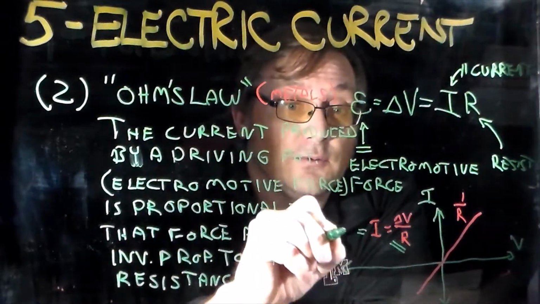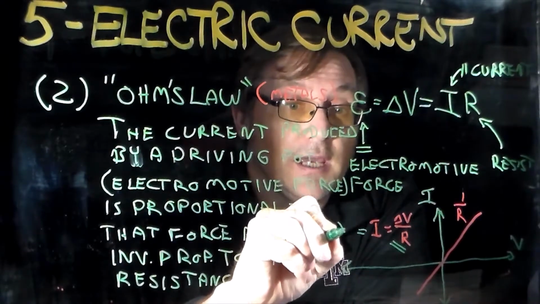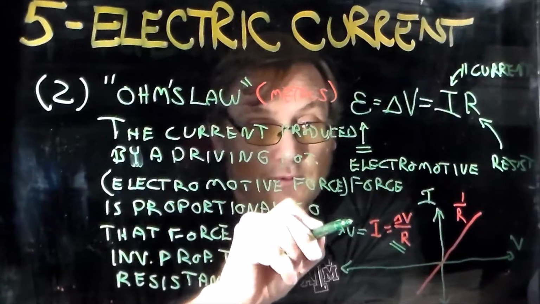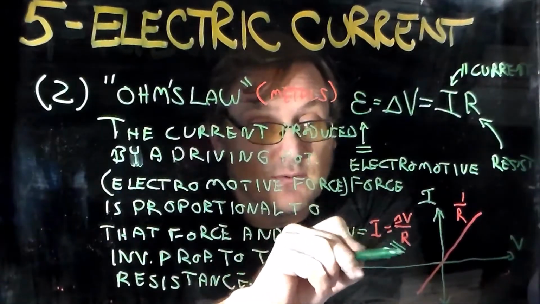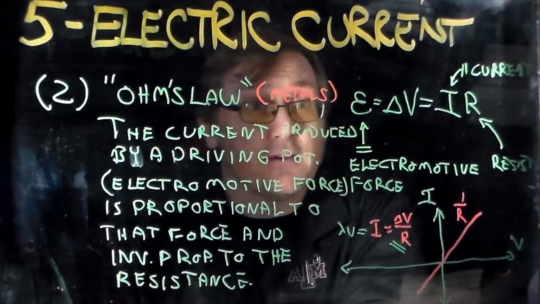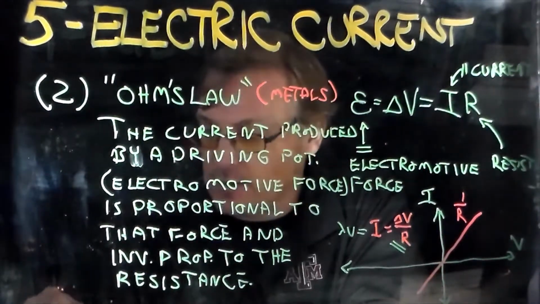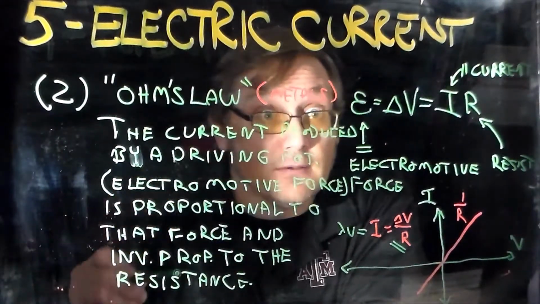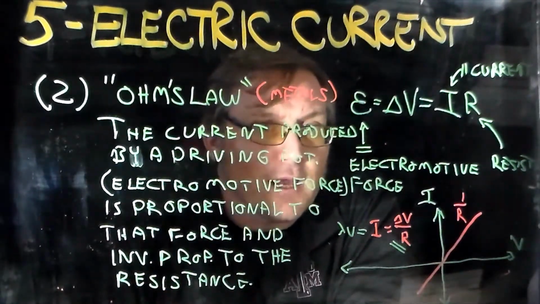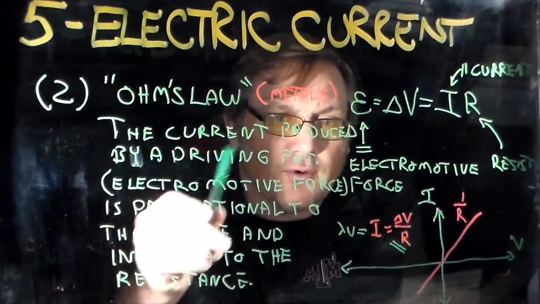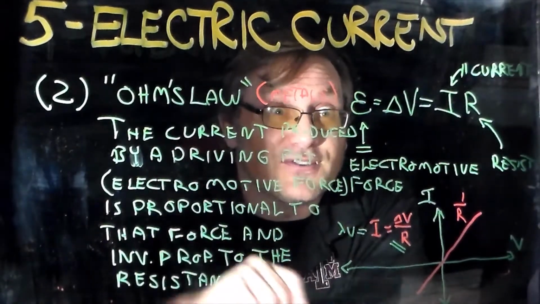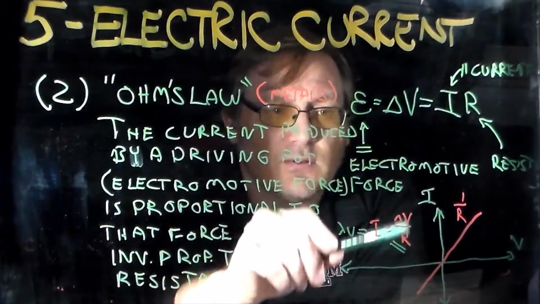Remember, I is equal to lambda v, right? So the velocity is resisted by the resistance in this case, which is produced by a drag-like force inside of the material. It's a similar idea to a Newtonian drag, where little things are bumping into other things and that's slowing you down. That's what's happening here.